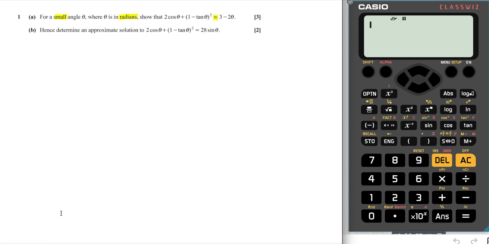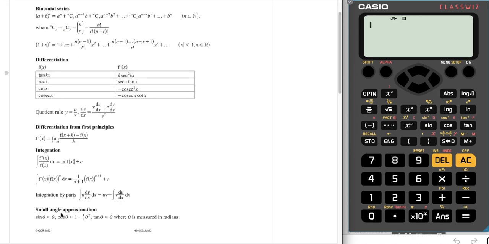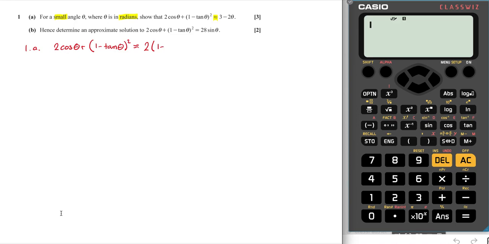So what have we got? 2 cos theta plus 1 minus tan theta squared. Well, that's going to approximately be, let's just double check what that was, 1 minus a half theta squared, plus 1 minus, and then I know tan theta is theta.